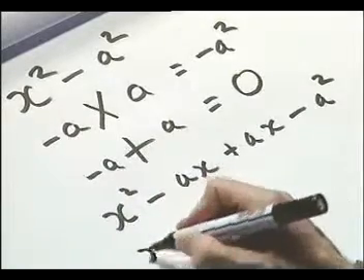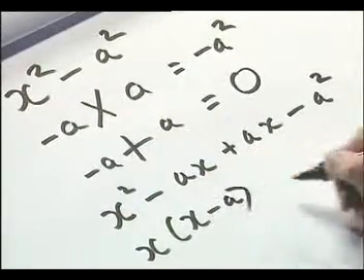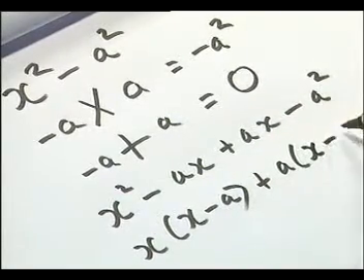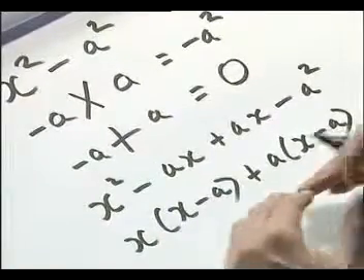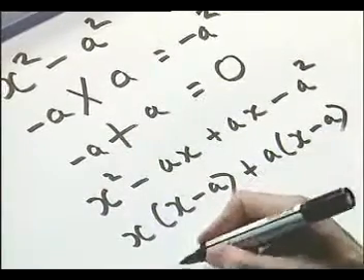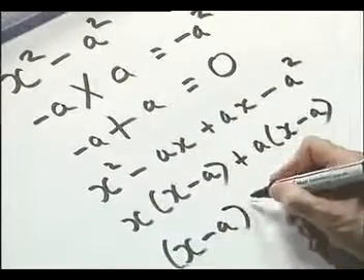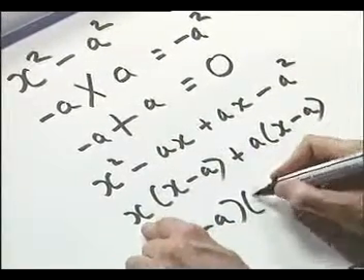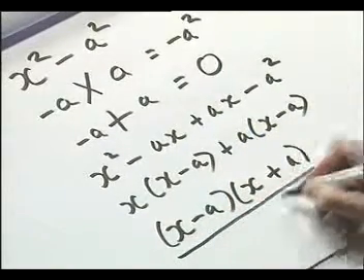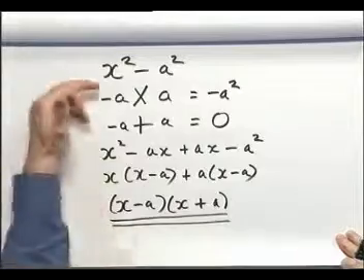Common factor of x here, x minus a, and a common factor of a here, x minus a again. Two lumps of algebra, each one sharing this common factor of x minus a. x minus a multiplies x and multiplies a. So we now have what is in effect a standard result. We have what's called the difference of two squares and its factorization.